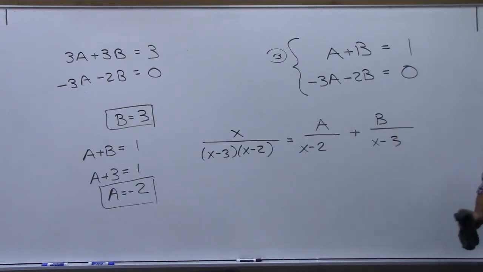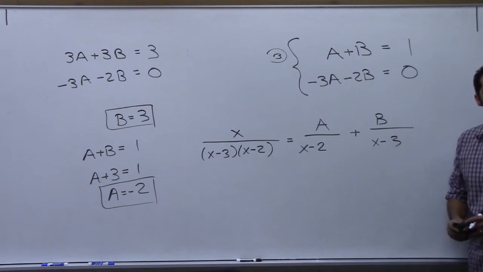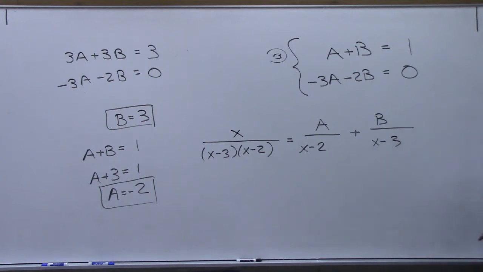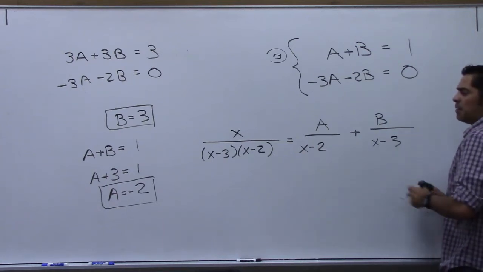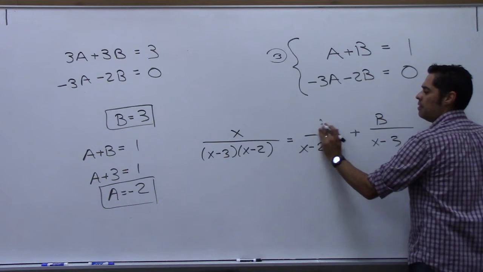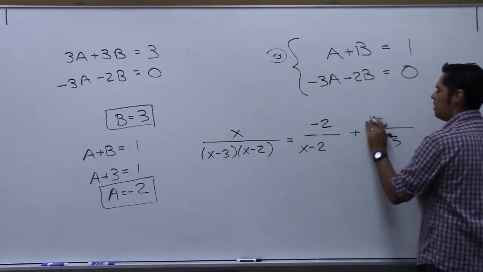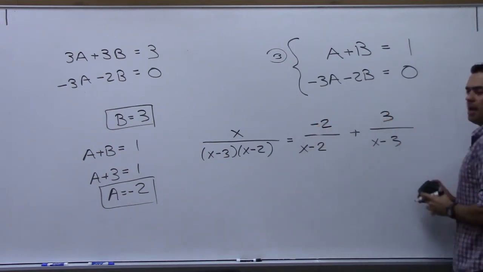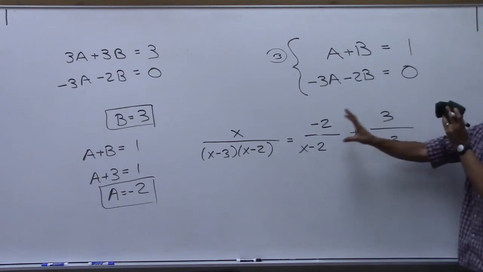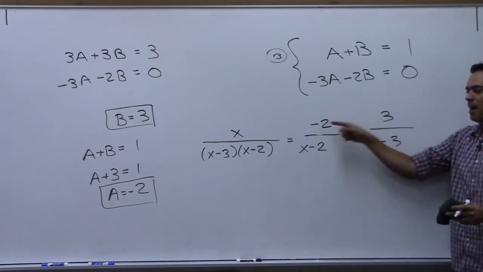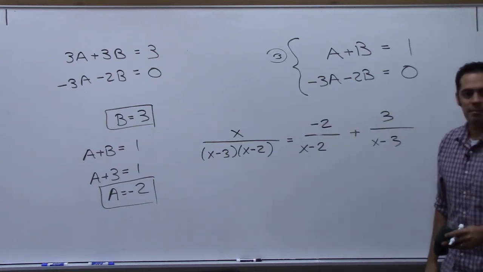And is this wrong? No, you're right. But I know the original problem was 3 over x minus 3 minus. Yes. Okay, so let's do this. If I replace my A here with -2, and I replace my B here with 3, if I rearrange the order and put this one over there, then that minus in front can go in and become a negative.